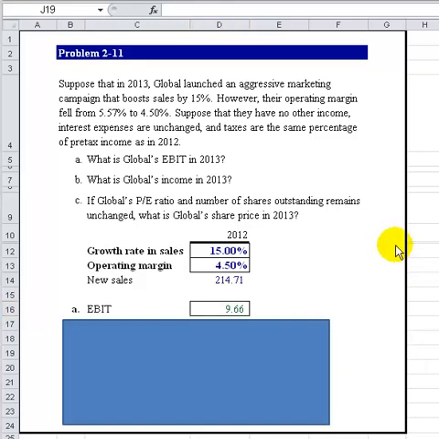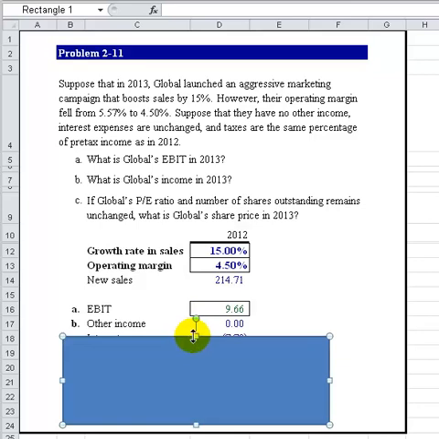Next we're going to answer part B, which says, what's Global's net income in 2013? Here's what we know. We already know earnings before interest and taxes because we're able to calculate what the increase in sales was and then what the margin was on those sales to come up with 9.66. We know from what they told us there's no other income. Interest expense remains unchanged.